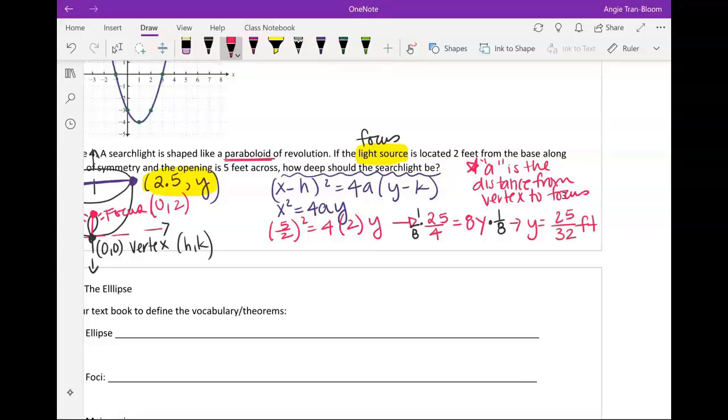So how deep the searchlight is: it is 25 over 32 feet deep. When you can, I do prefer the simplest exact answer. All right, and that's it. That's all we're looking for.